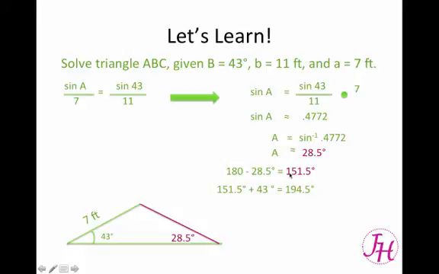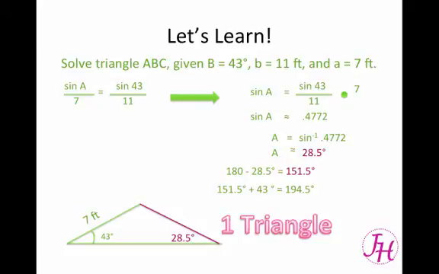So if you take this angle, 151.5, and add it to the 43, we get more than 180 degrees. So there is only one possible angle here that we could have. So only one triangle exists.